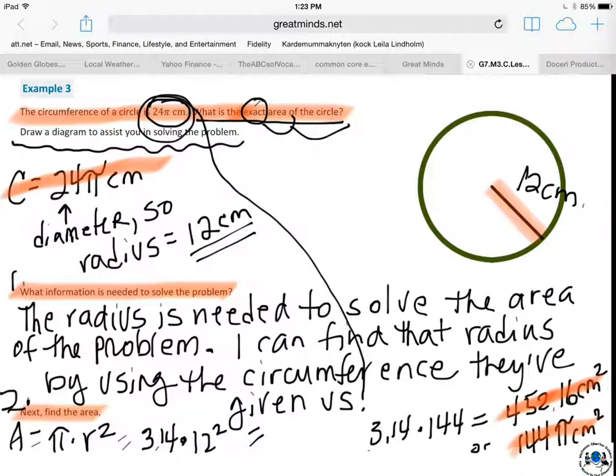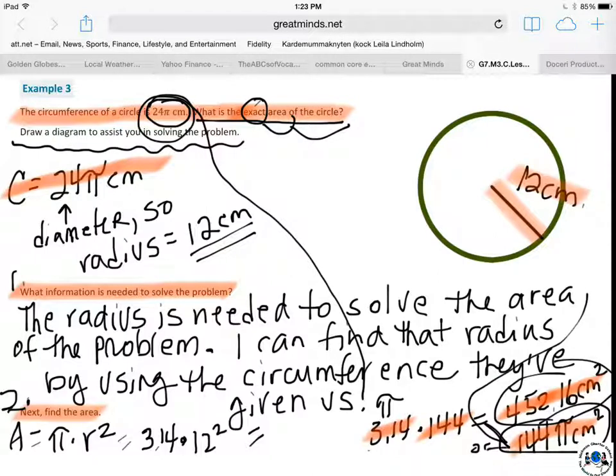And where does that come from? Well, that comes from the fact that the radius squared, in this case 12 squared, is 144, and we're going to multiply that by pi, which is 3.14, or just the symbol itself. Either one of these would be correct. Probably more correct in this case would have been the second one here. But they're both correct. So if you did one or the other, you did very well.